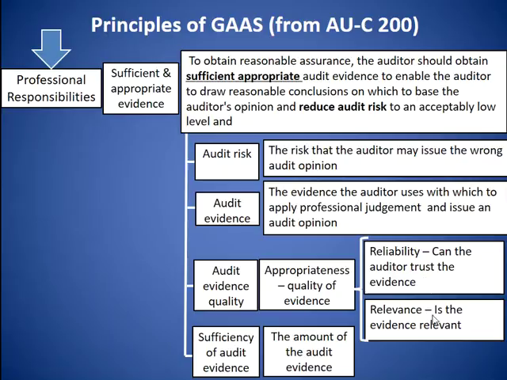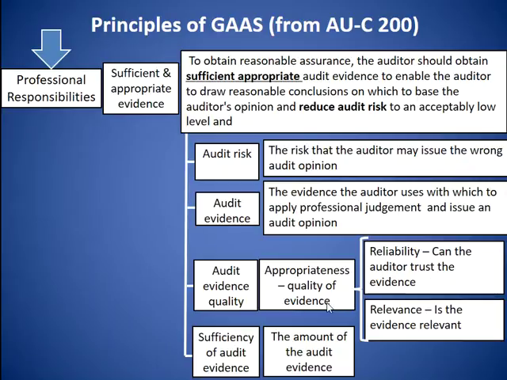Number two, is the evidence relevant? Well, if the controller says there's this much money in here, it would be relevant, but can it really be reliable? Because we're talking about cash. Most auditors would say, no, I can't take the guy's word for it, because we already talked about the fact that we need to be professionally skeptical.